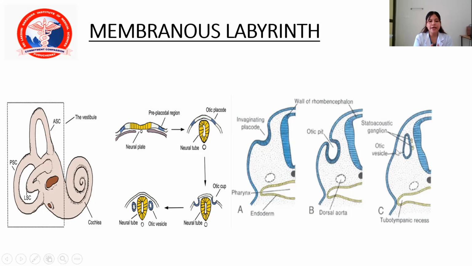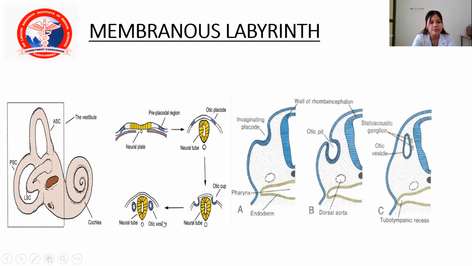As they have fused together and formed the otic vesicle, it has definitely been incorporated from the surface ectoderm into the underlying mesenchyme. Now in this structure, you can see this is the otic vesicle, correct?